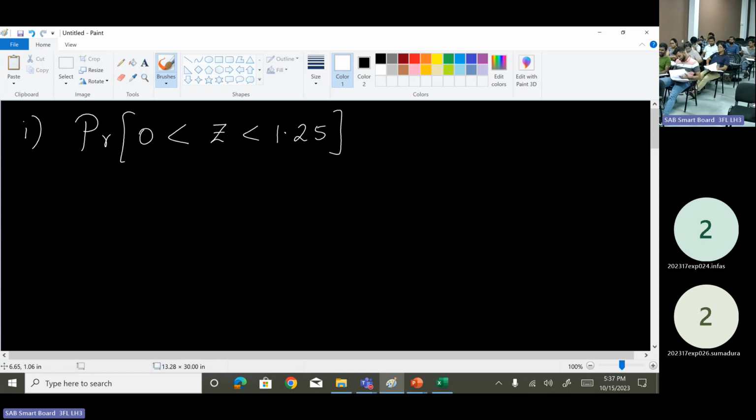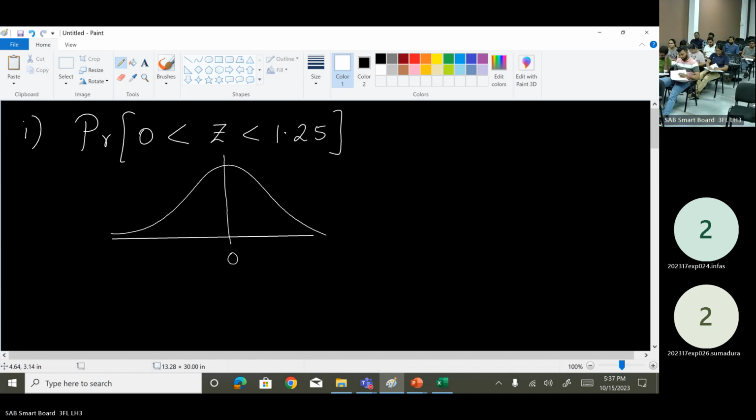So we are in the Z scale, Z variable, so we can draw the Z scale sketch. On the Z scale, 0 comes in the middle. 0 is already marked. We have to mark 1.25.